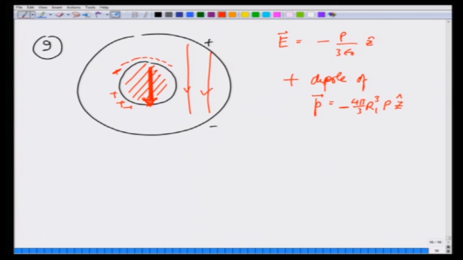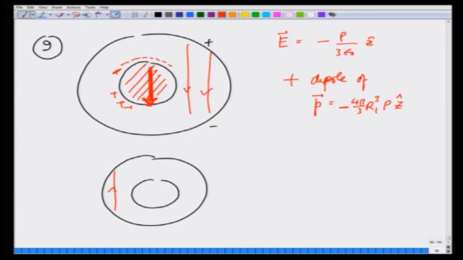Another way of looking at it is, if I have this cavity which has this hole here, I can think of this as a cavity with uniform polarization, which I will show by red, and added to it is an additional polarization in the negative direction inside this cavity. So that the two polarizations inside the sphere of radius r 1 cancel, and there is nothing.